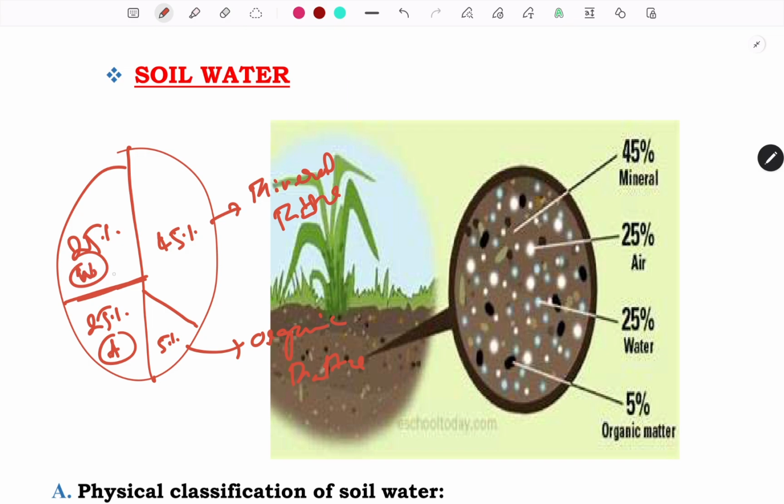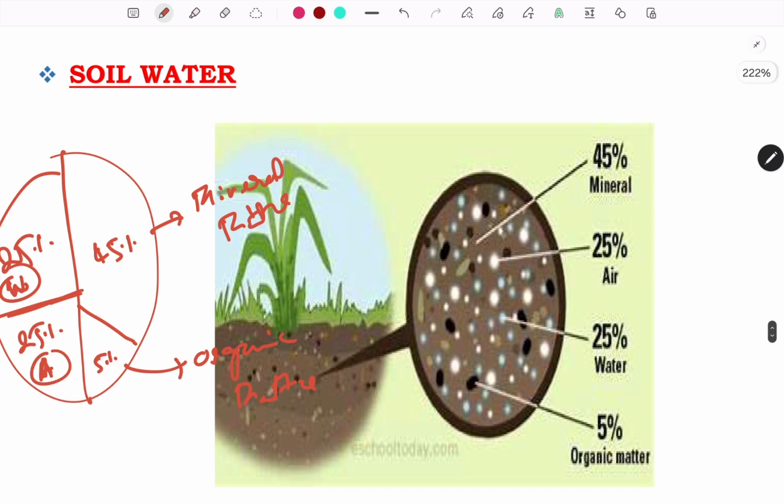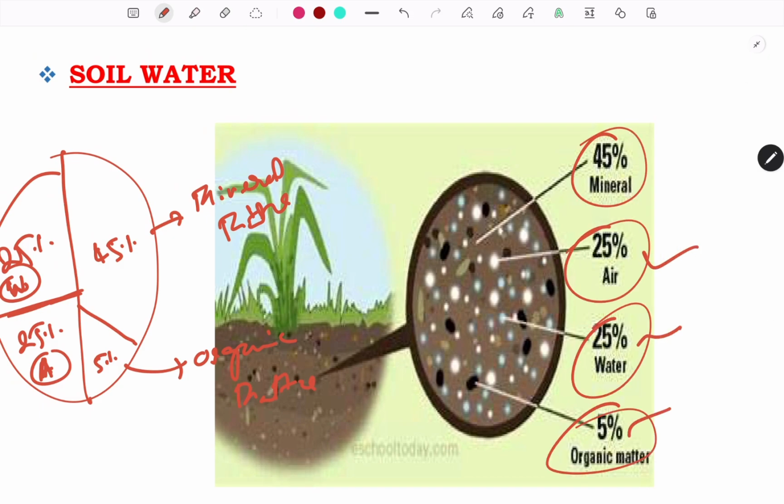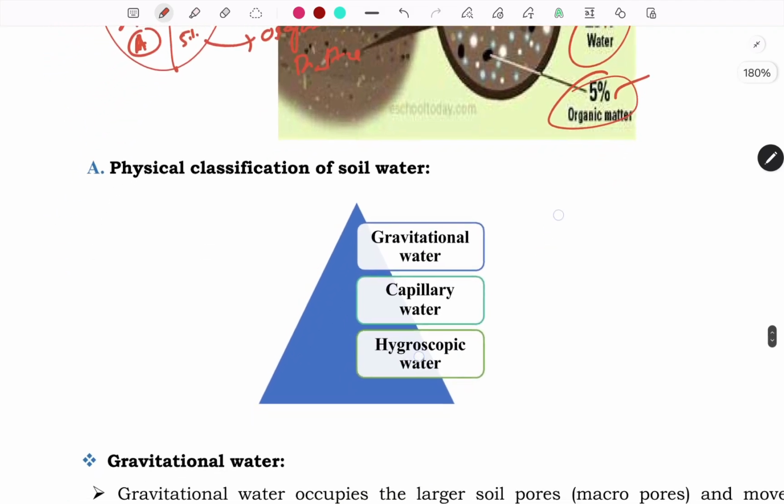This 25% is soil water and this 25% is soil air. This is what is given here: 45% minerals, 25% air, 25% water, and 5% organic matter.